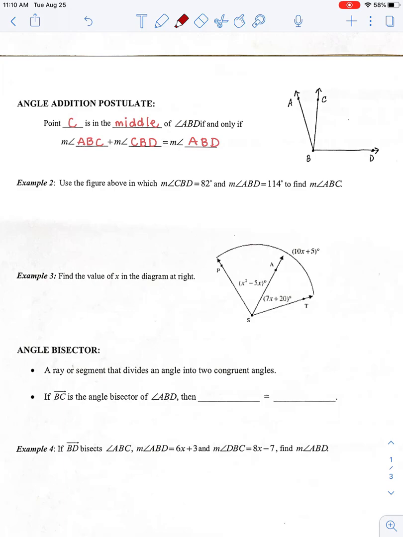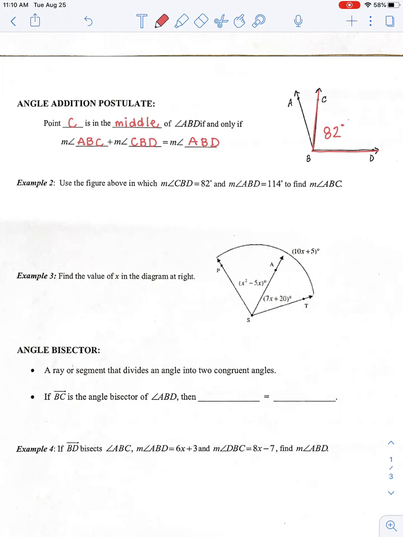So example 2, it says, use the figure above, if the measurement of CBD is 82 degrees and the measurement of ABD is 114, find the measurement of angle ABC. So like we did before, we're going to mark up the picture. CBD, this angle right here is 82 degrees.